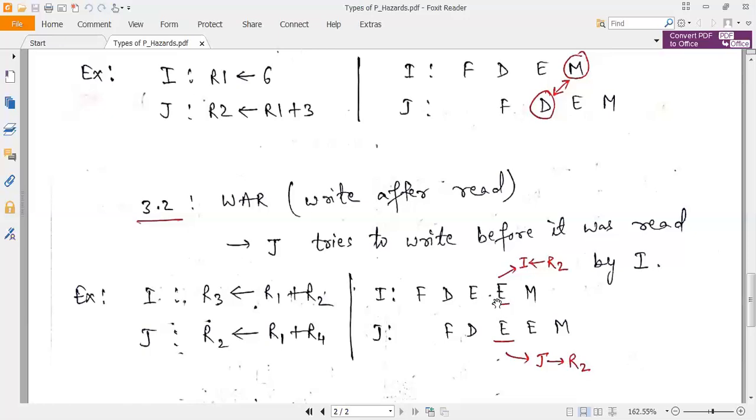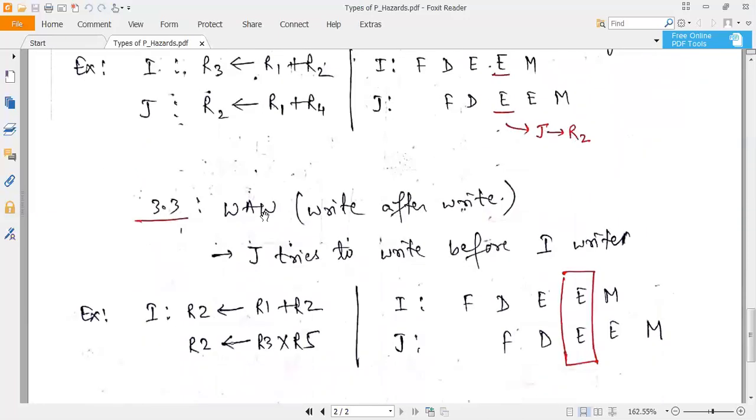If this has taken 2 clock cycles, check this part, the execution of I and the execution of J. R1 is used as an input for I, and here R2 is used as an output for J. So this is one-sided, it cannot be possible. So this WAR is again creating the pipelining hazard.